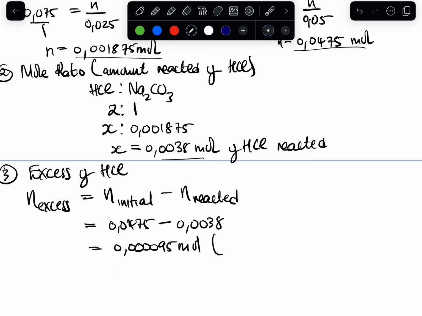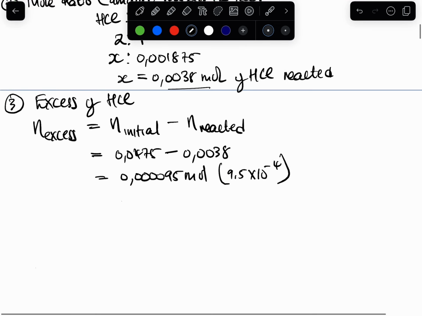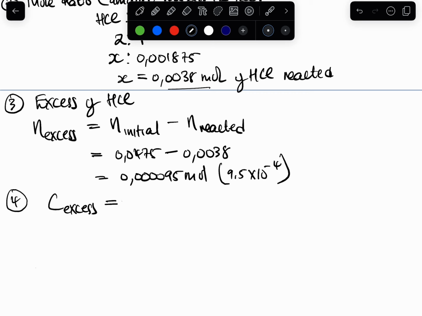Guys, you can write it in scientific notation. It will be 9.5 times 10 to the power negative 4. That's the same answer. So this is the amount that remained. And this is an excess, but in number of moles. The question wanted it in concentration. So we'll say concentration of an excess is equal to the number of moles of an excess divided by the volume.